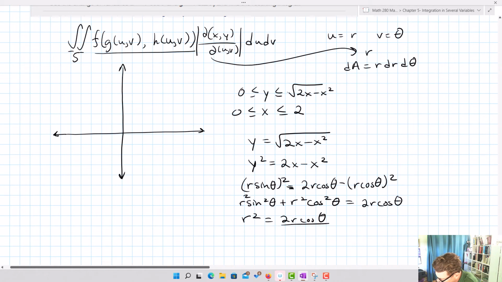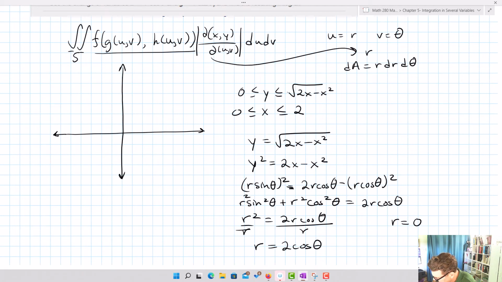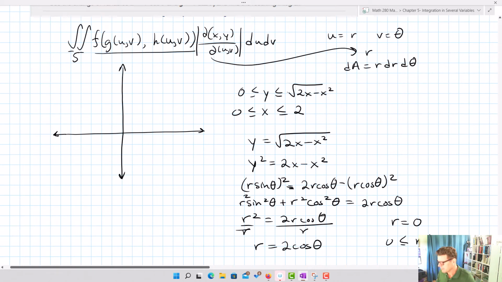First, r could equal 0, or we'll divide through by r, and we get r equals 2 cosine theta. So our r's are going to be bounded: r is greater than or equal to 0, less than or equal to 2 cosine theta.